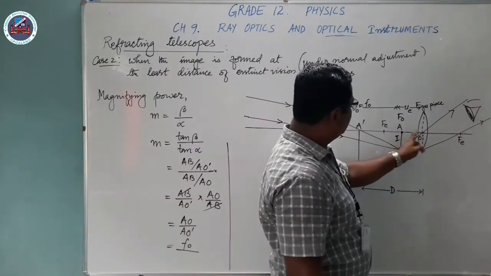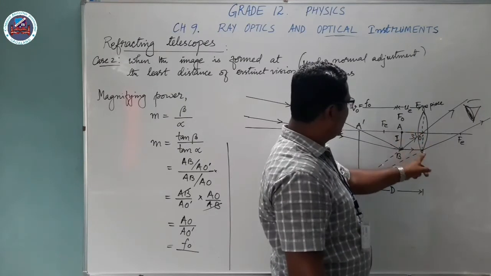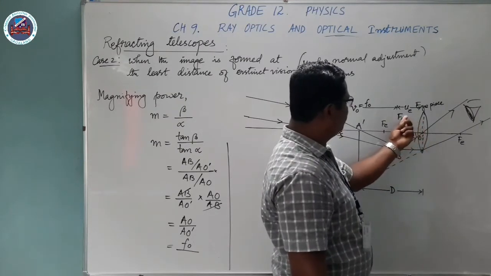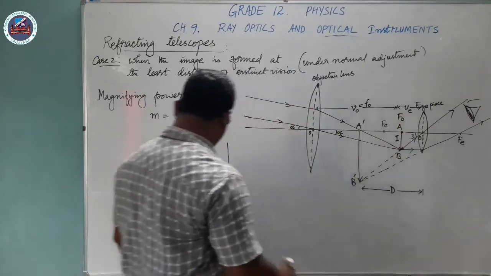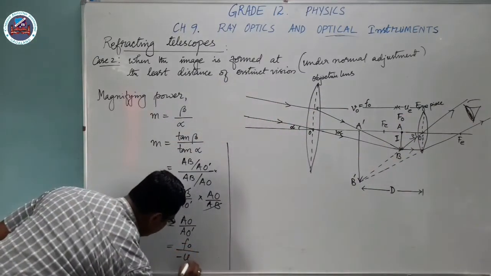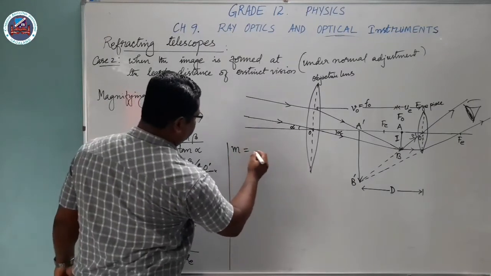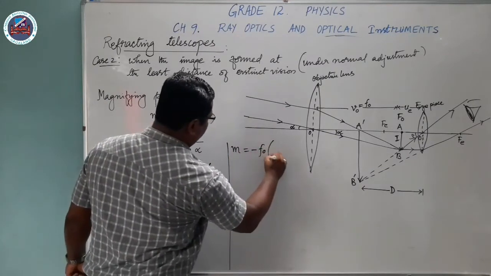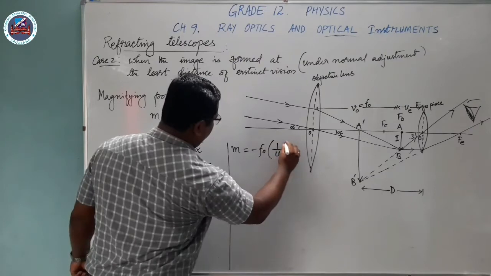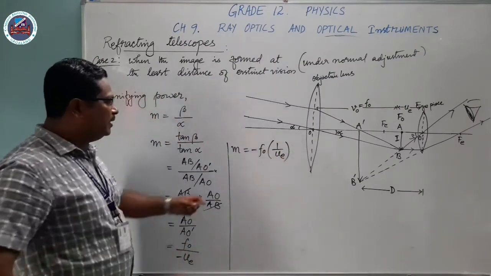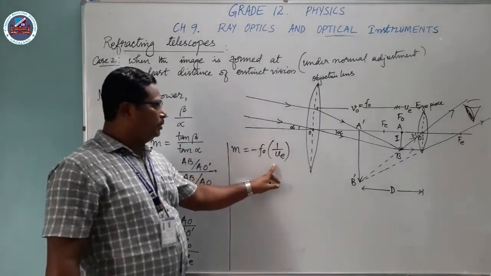Then AO'. It is the object distance for the eyepiece lens. It is towards your left from the eyepiece lens, so we take it as minus UE. This can be written as M is equal to minus FO into 1 by UE. Then let us find out what 1 by UE is.